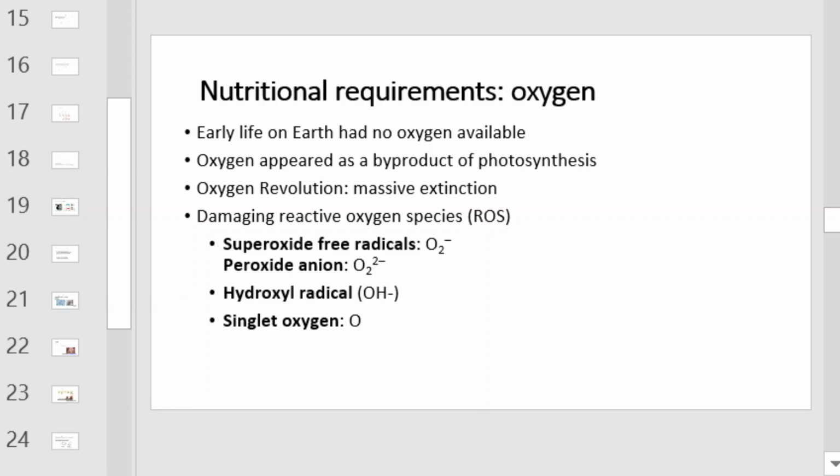The oxygen revolution led to a massive extinction. There are damaging reactive oxygen species, or ROSs, that include things such as superoxide free radicals, hydroxyl radicals, and singlet oxygen.